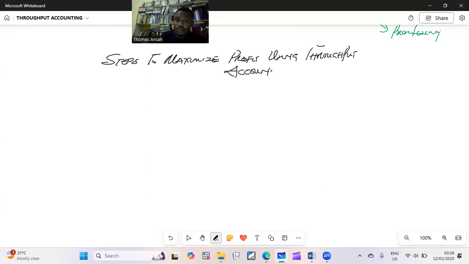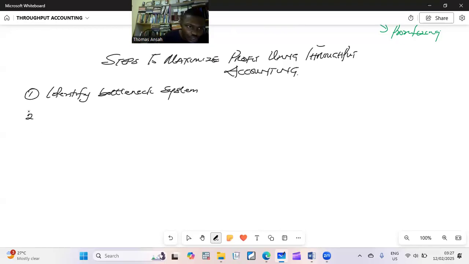Then we will be looking at the throughput ratio. All right, so what are the steps? Step number 1 is to identify your bottleneck activity. Sometimes it is given in the question, sometimes it is not. So you have to identify that.